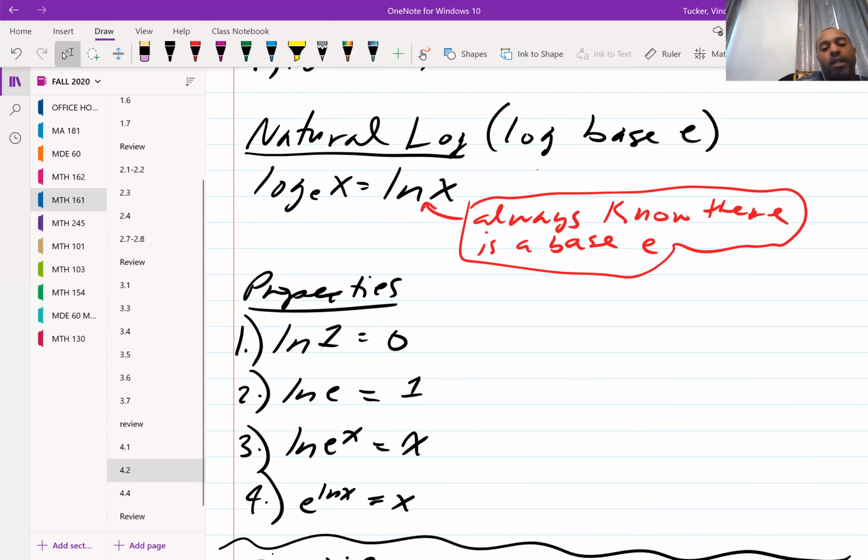Ln of e to the x is going to reduce down to x, and then e to the natural log of x is equal to x. Any questions?